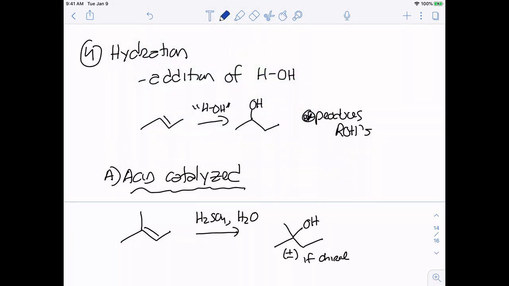Notice how I put the hydroxyl group on the more substituted carbon. So we get our Markovnikov product. Again, the Markovnikov product has my hydroxyl group on the more substituted carbon.